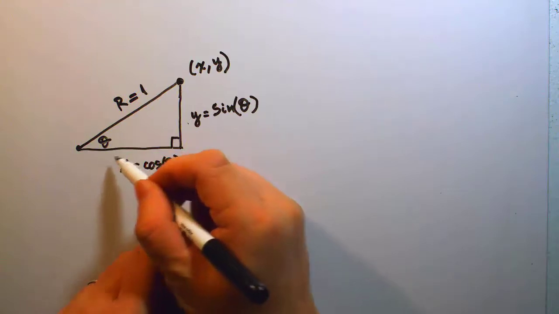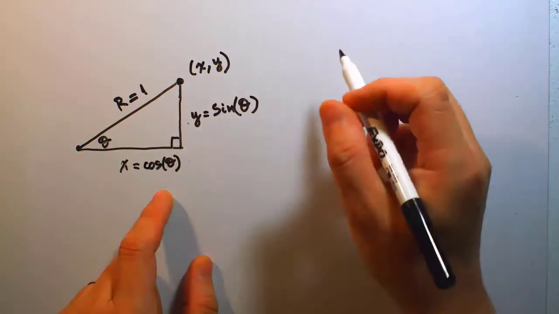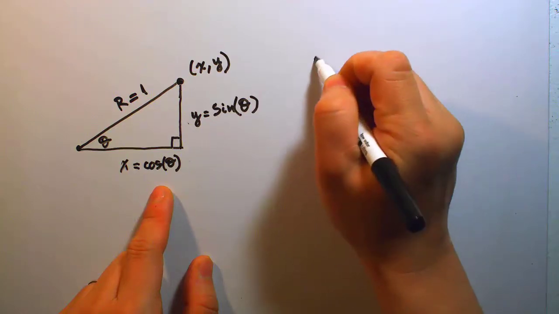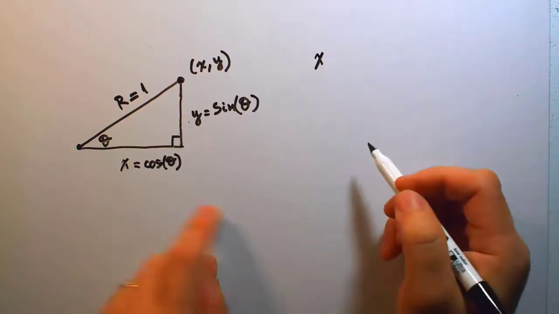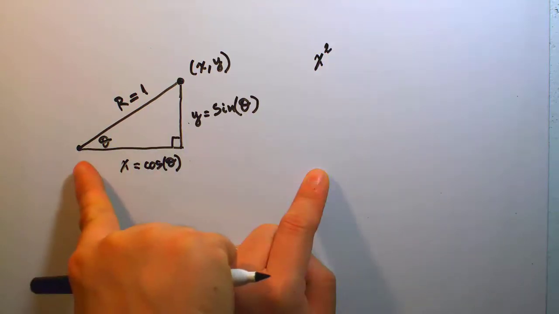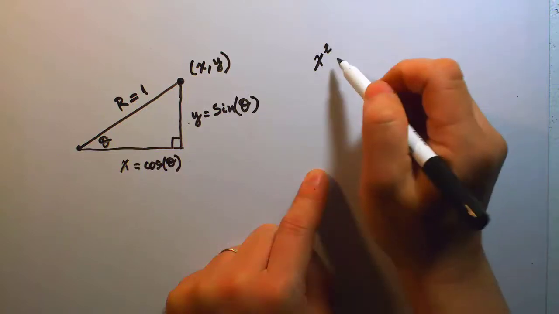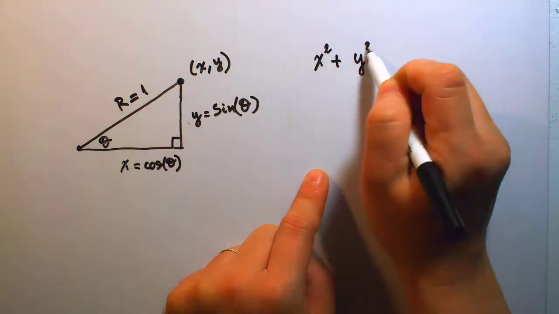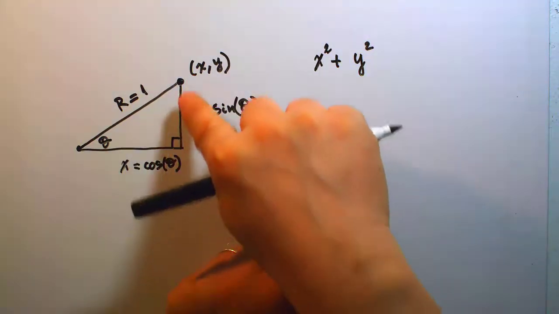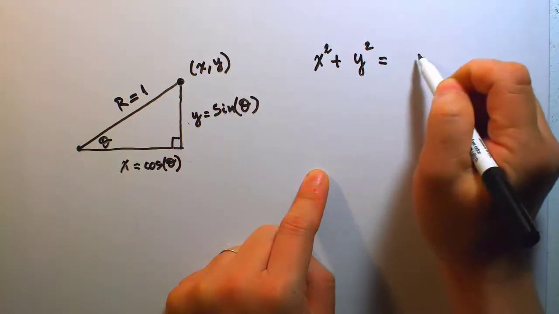this length right here, the x or the cosine theta. So here directly out from the Pythagorean theorem, x squared, one of the legs being squared, plus y squared, which is the square of the other leg in my right triangle, has to equal the square of the hypotenuse.